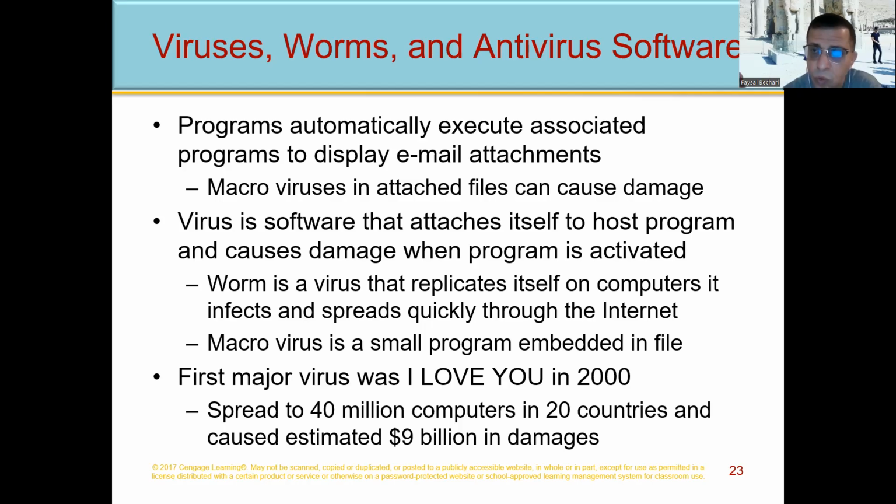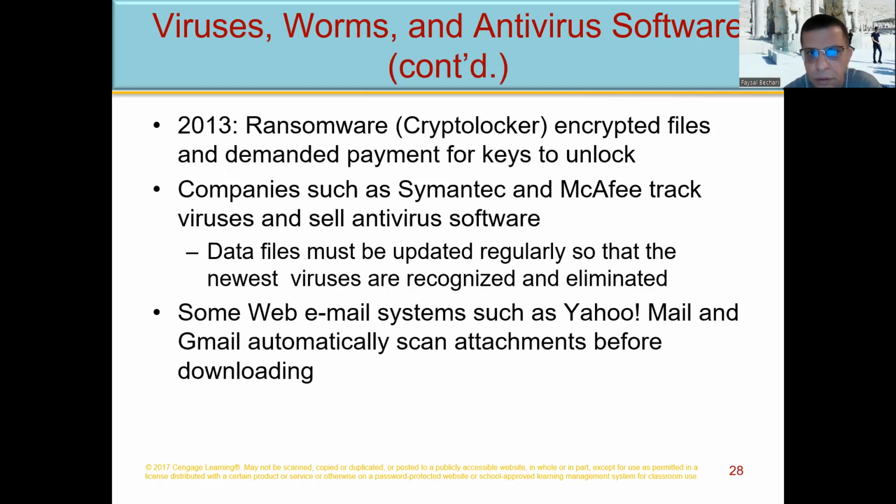And a worm is a virus that replicates itself on a computer. It infects and spreads quickly through the internet. Most of these worms, when they replicate themselves, mean to just fill the network and slow it down.